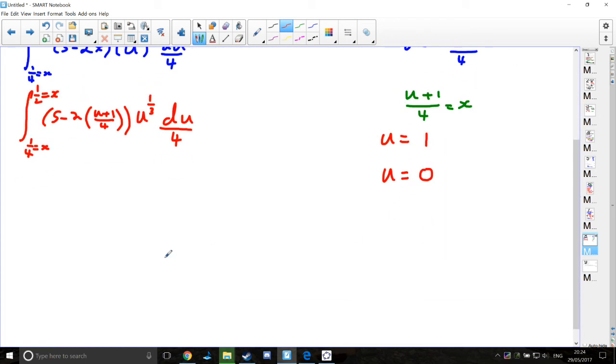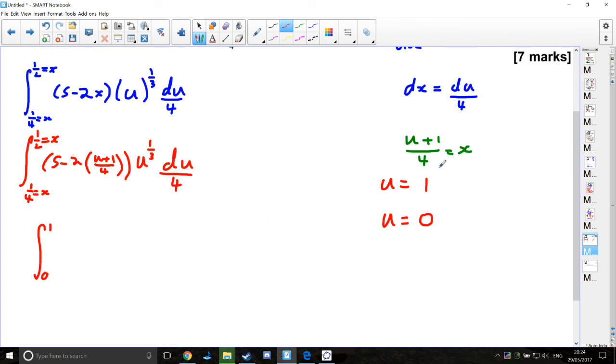Oh, how lovely is that? So those are the new limits, 1 and 0. Just a quick note as well, the order is preserved. I put half in, I got 1, so 1 is on the top. I put a quarter in, I got 0, 0 is on the bottom.